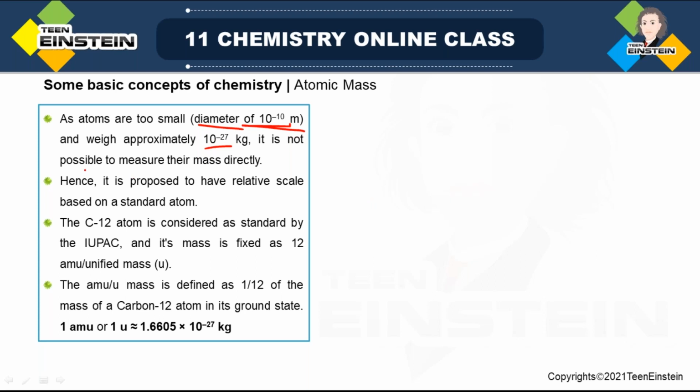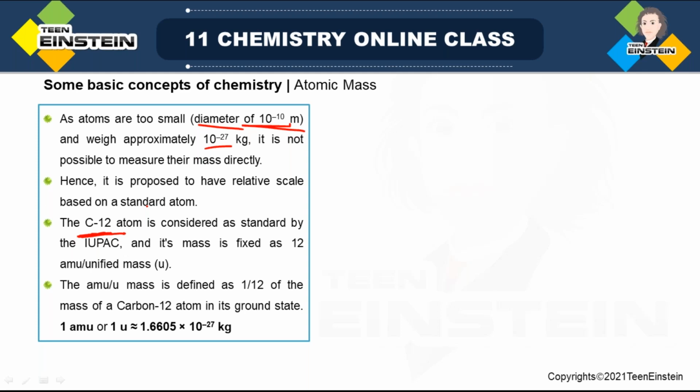For that, here we have chosen the carbon-12 atom, whose mass will be 12, because carbon has different types, it may have mass 12 or 14, but we choose carbon-12, not any other carbon, because that is the most abundant in nature.